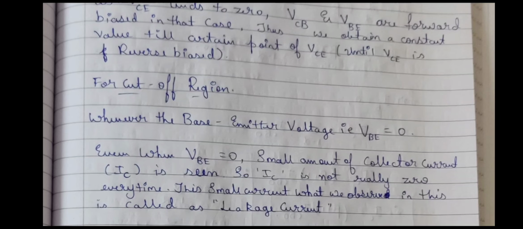So we can conclude by saying that the BJT is never going to give a zero output. It will always give even the smallest value of current as well. So the BJT never really becomes zero. That is what we observe in the cutoff region in the graph as well.